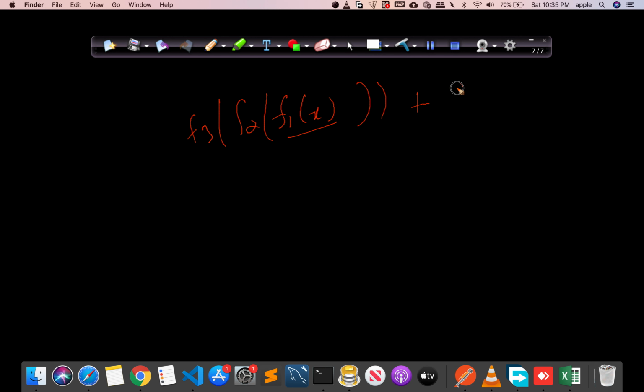Then some f4 function will take the output of f3, and some f5 function will take only f2. Like this, we can have additions, subtractions, multiplications. All those permutations and combinations of functions will be arranged in such a manner that they easily approximate those complex functions that will solve our problem.